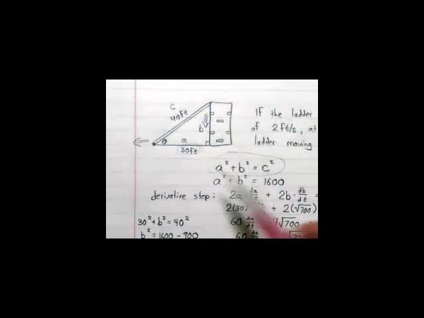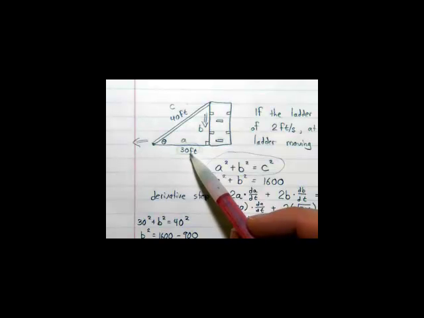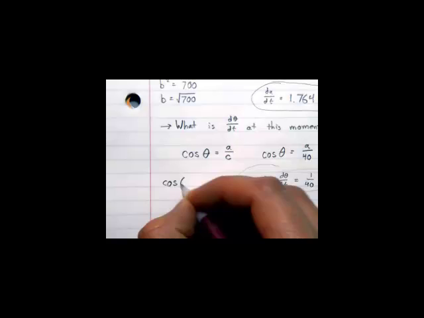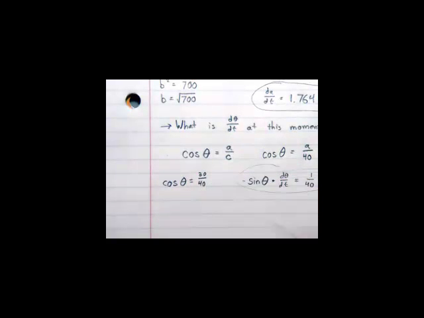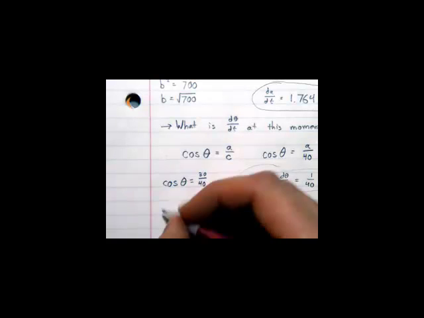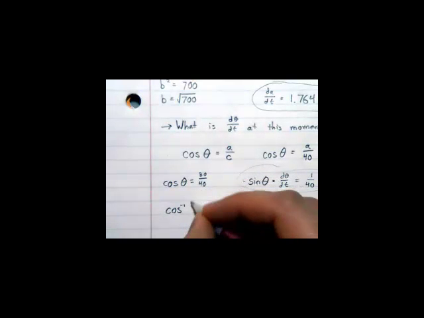So if we go back up to our original, here's where it's safe to use the 30 now, because this is at that moment it starts to slide. So we can use the 30 and the 40 in that cosine equation right here and get that value of theta for us. So it's going to be cosine theta equals 30 over 40, which means we got to do the inverse cosine of 30 over 40.